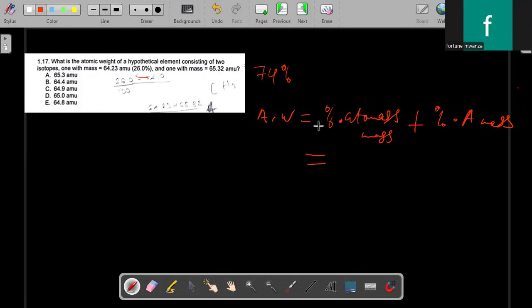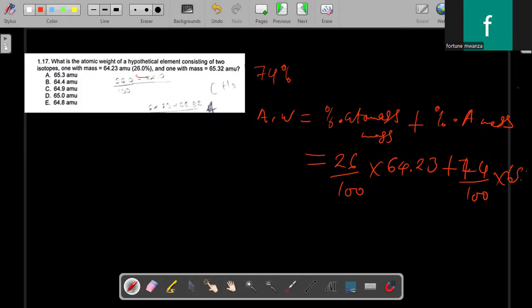For the first one, you have 26/100 times the atomic mass number, which is 64.23, plus the second one, 74 divided by 100 times the atomic mass number.